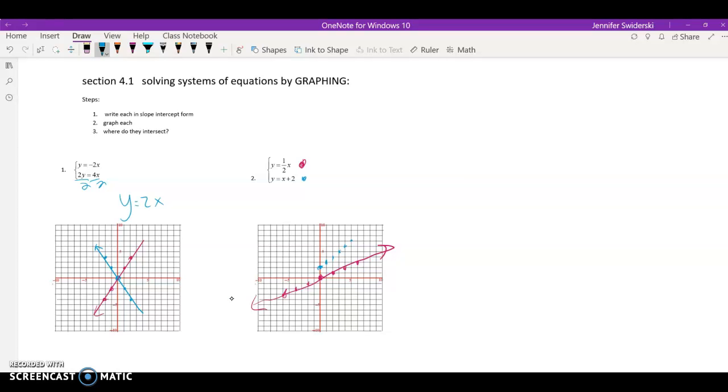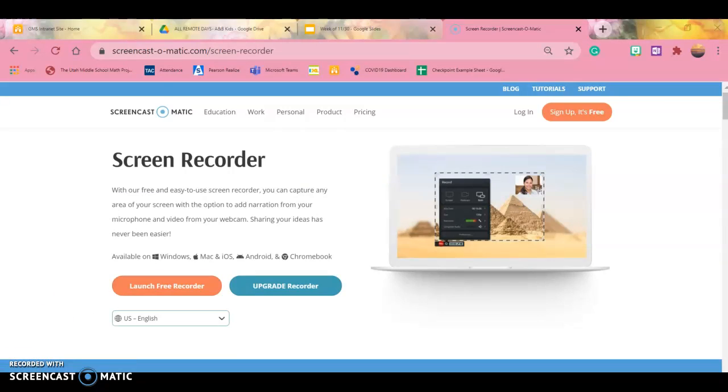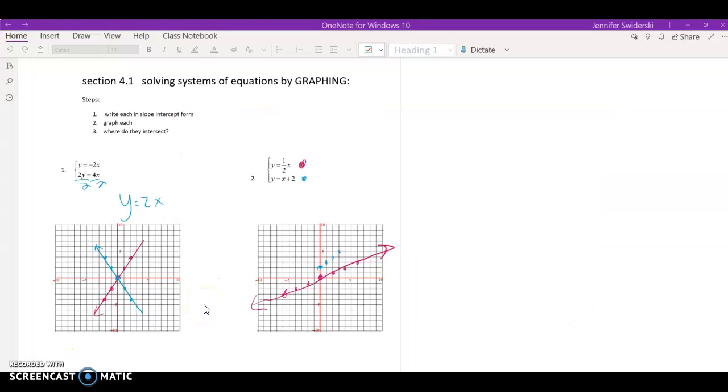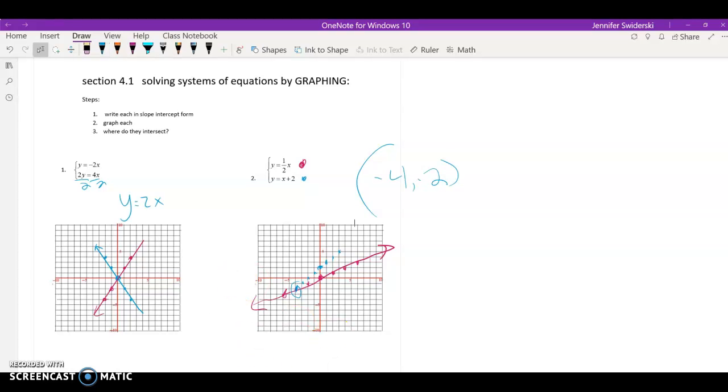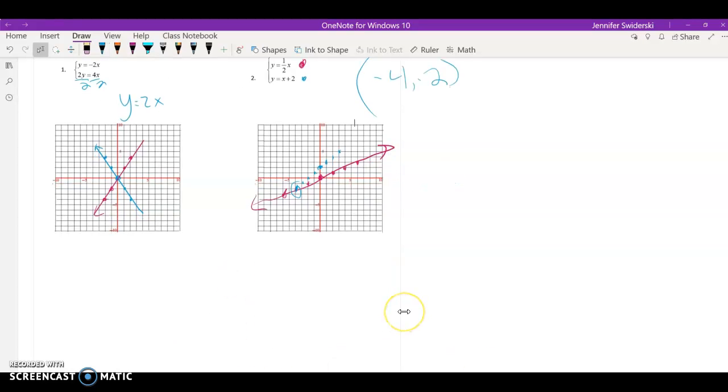I don't know why it's not drawing. All right, let's try this again. Down 1 to the left 1. Here is where they intersect. So that looks like it's at -4, -2. All right, so there's one solution for that as well.